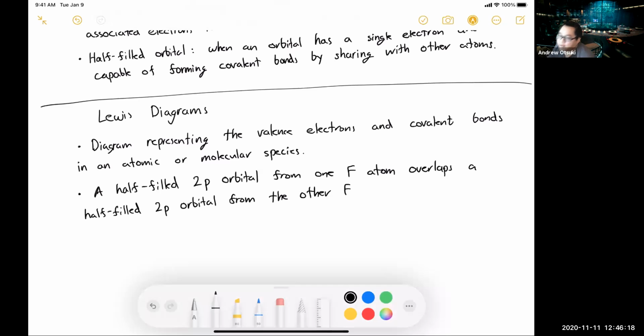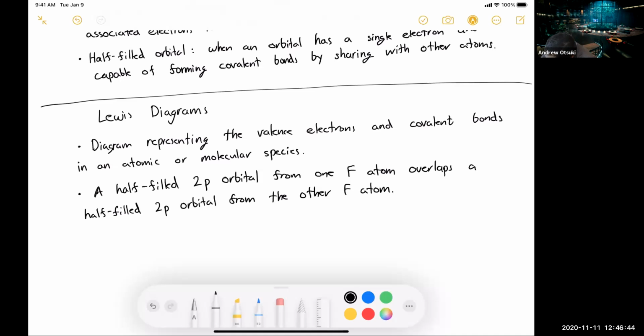It doesn't have to be the same kind of atom; it could be a different atom. But in this example, we're going to talk about the F2 molecule, the diatomic element, so the other F atom.